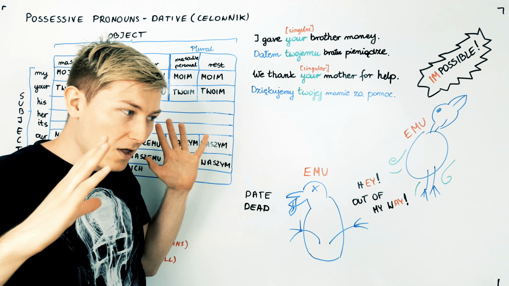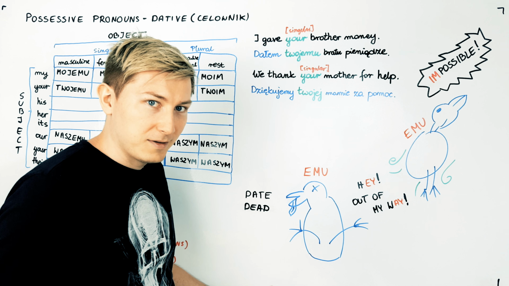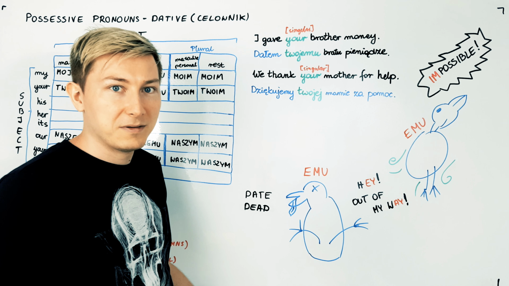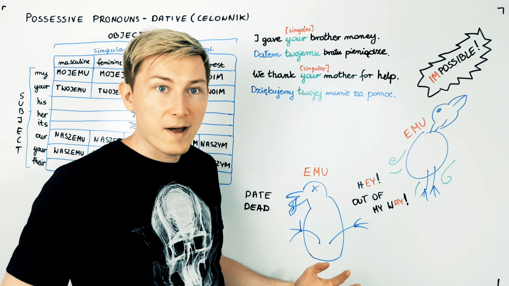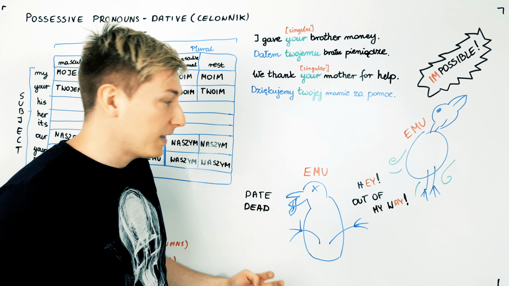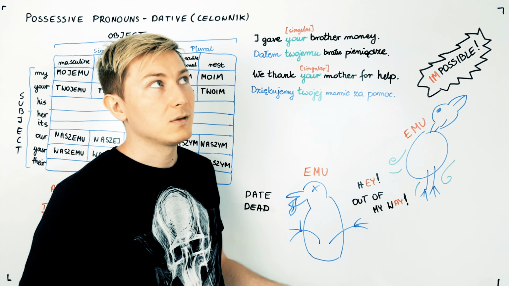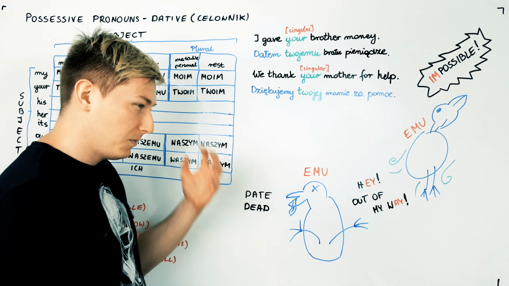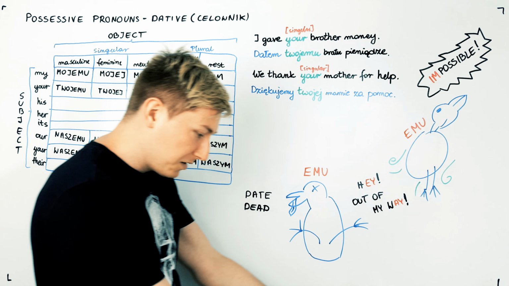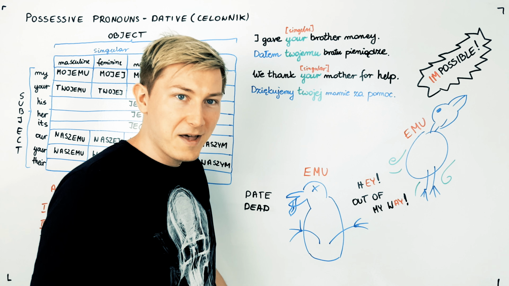So imagine that you are going on the date and you see on the street a dead emu. That's something that doesn't happen in everyday life, so it's a surprise to you, and it will help you to memorize this because it's not something usual, not something that happens every day. So imagine that the emu, the animal, is lying on the street and you scream, "Hey, out of my way!"